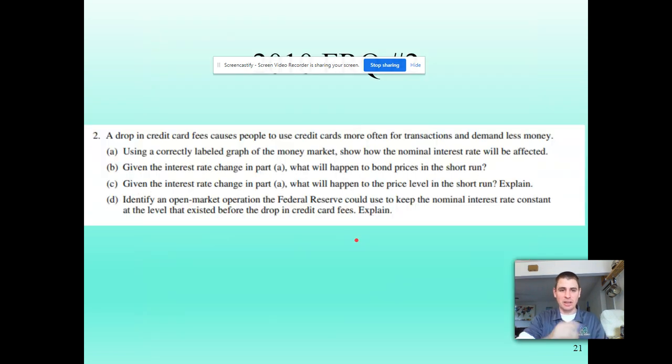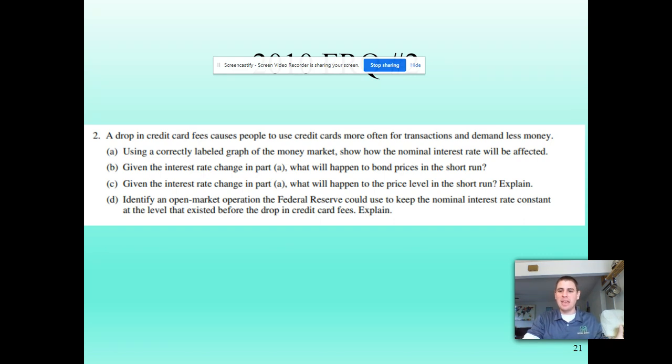They're inversely related. Given the interest rate change in part A, what will happen to price level in the short run? Price level. What graph tells us about price level? Oh, AD-AS. If interest rates have decreased, does that make loans more or less enticing? More enticing.